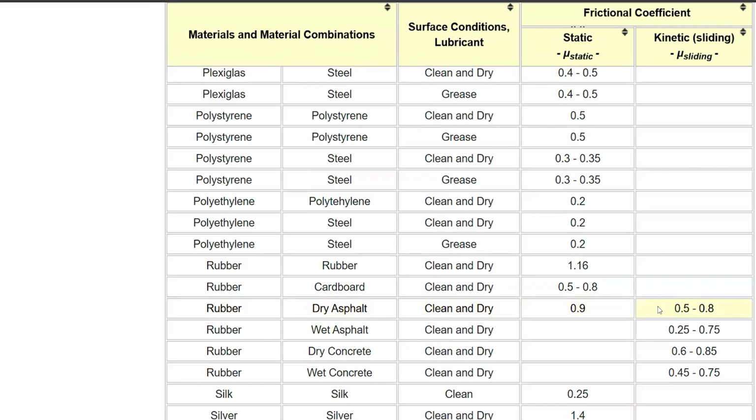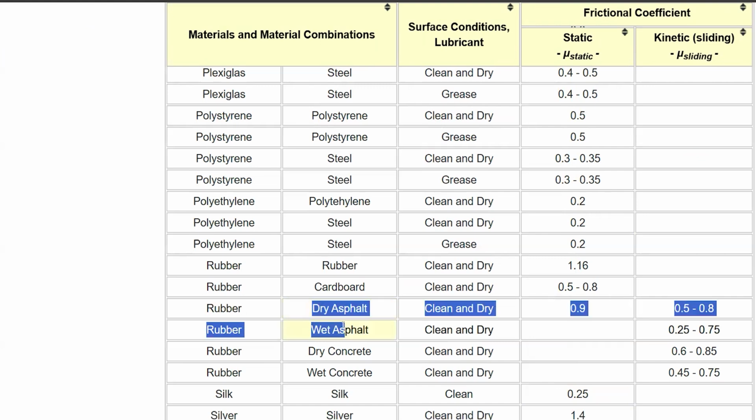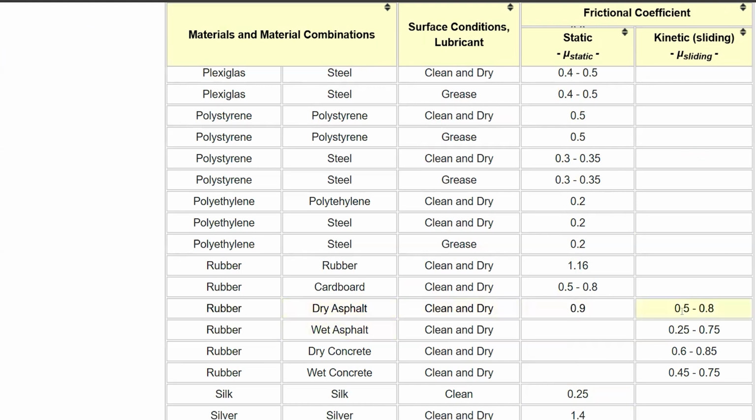If you do start slipping and moving, there's kinetic friction involved, and there's a learning moment here, right? They told you to drive slower in the rain. Well, guess why? Dry asphalt, I guess they only have the kinetic for whatever reason, has a higher value, like 0.5 to 0.8, versus wet asphalt, which is lower, 0.25 to 0.75.